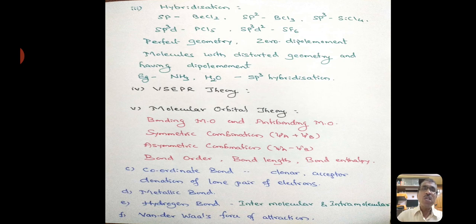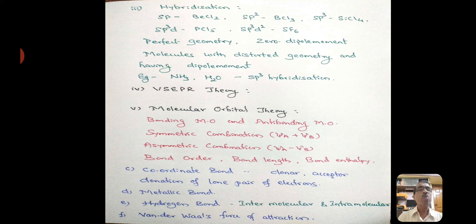Then you have also studied the third category of bond called the coordinate bond. The coordinate bond is formed by donation of an electron pair from one atom to another. The atom which donates a lone pair of electrons is called the donor, and the atom which accepts the lone pair is called the acceptor.